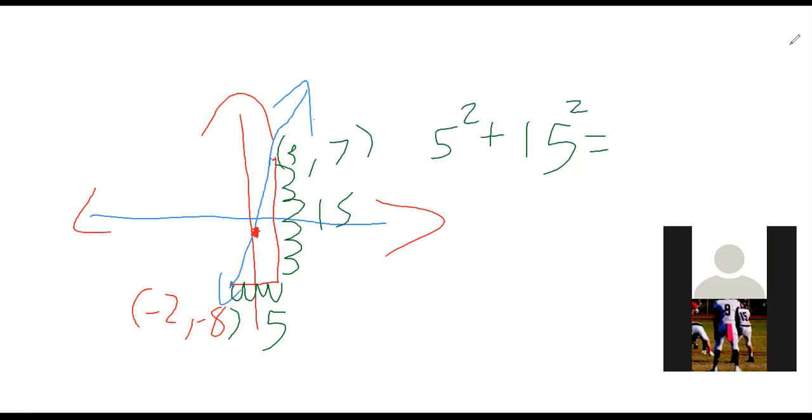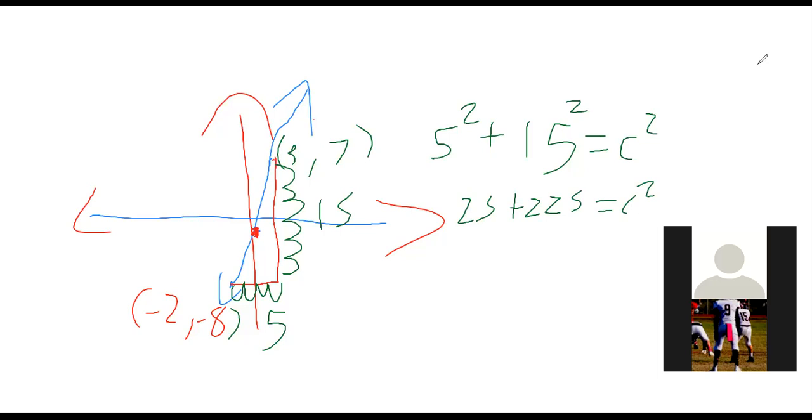And that's how we would find our distance, right? So now we just plug it into the Pythagorean theorem formula. 5 squared is 25, plus 15 squared, which is 225, equals 250.